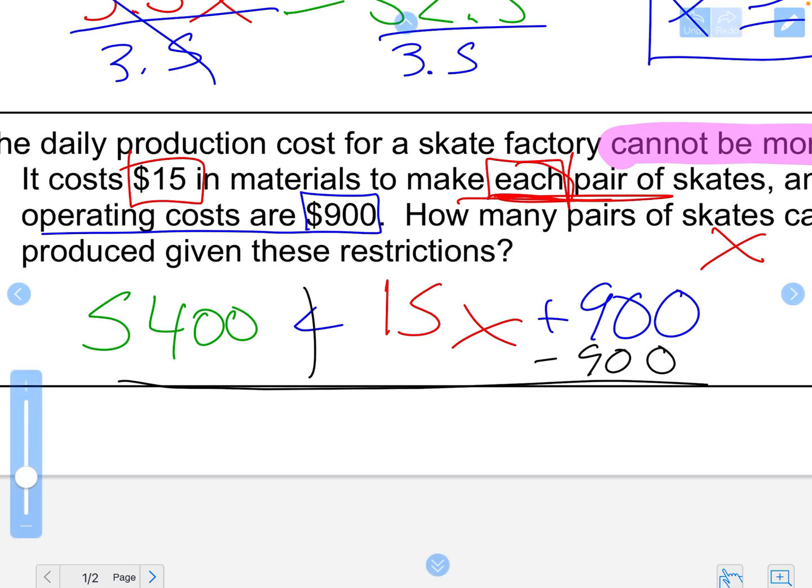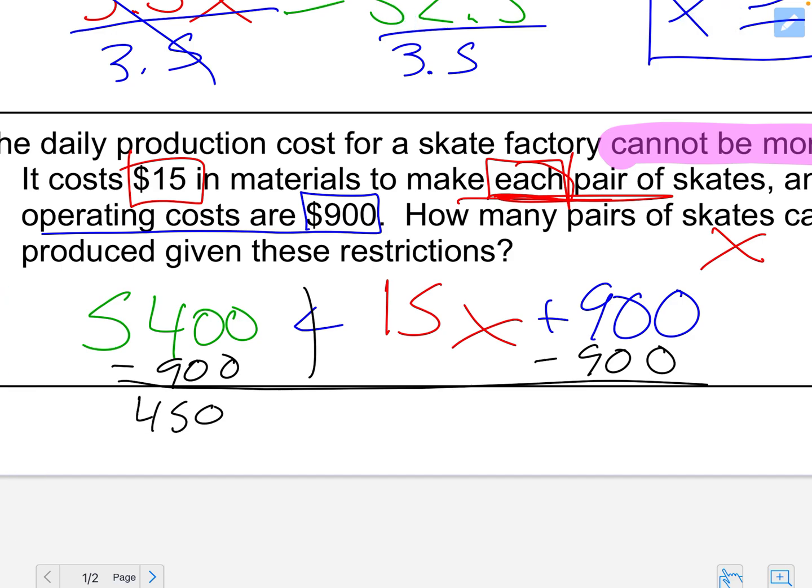What I do to one side, I do to the other. 5,400 minus 900. Hold on, my calculator's not liking. Minus 900. Oh, my goodness. Minus 900. Equals 4,500 is less than 15x.